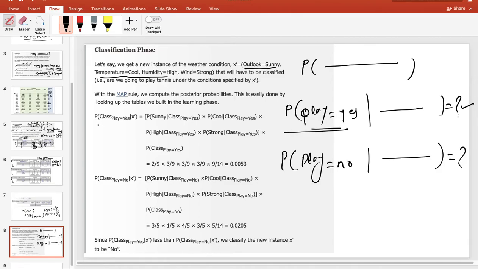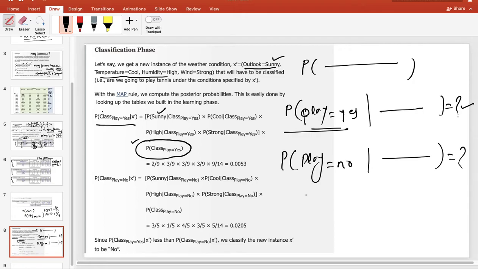So here is the probability of play equal to yes with these weather conditions. This can be computed by using Bayes theorem, the naive Bayes classifier. So the probability of this class, into the probability of sunny given class play is equal to yes, because we are going with class yes here.